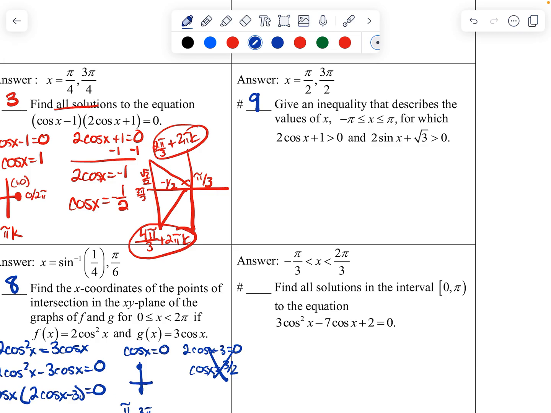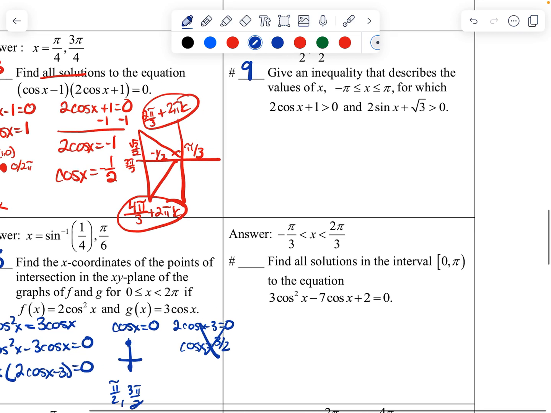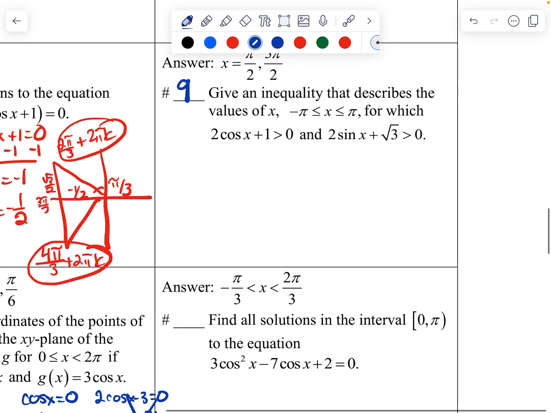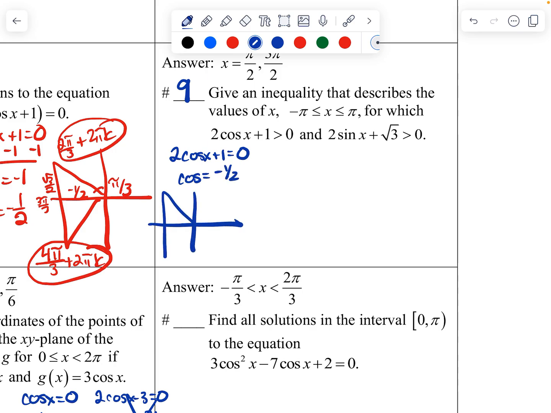Given an inequality that describes the values of x for which they are both greater than 0. Okay, so let's solve this. So this is where does 2 cosine of x plus 1 equal 0? So where does the cosine of x equal negative half? So that makes this root 3 over 2. So pi over 3.